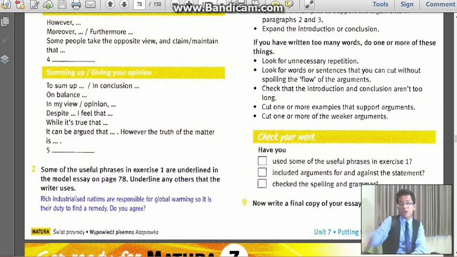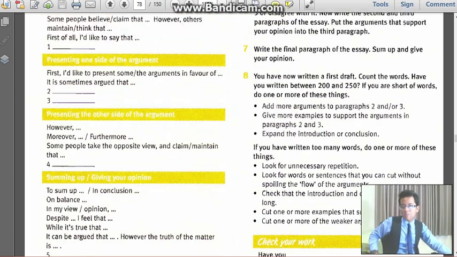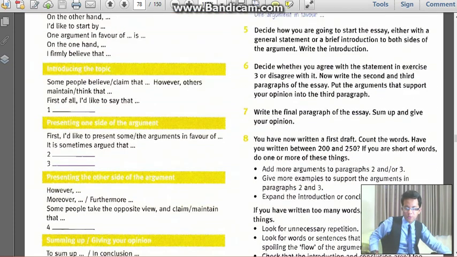They tell us to find them and underline them. They gave us a hint that those words are from the board in exercise number 1. So we'll try to pick out some of the phrases.